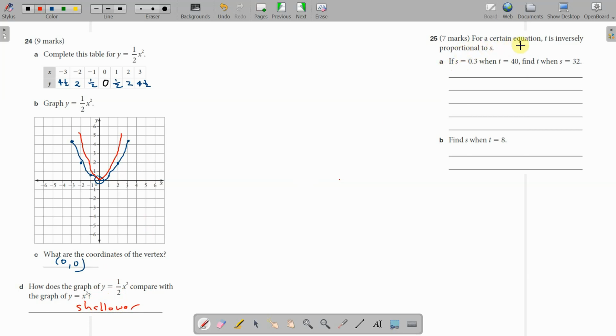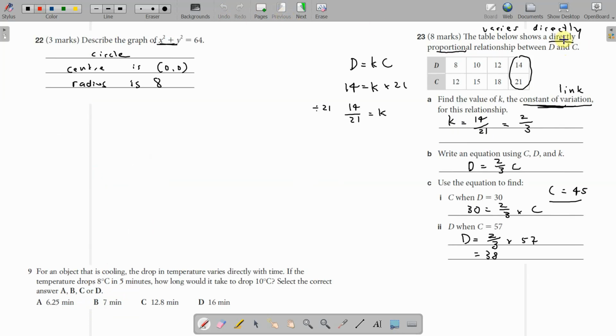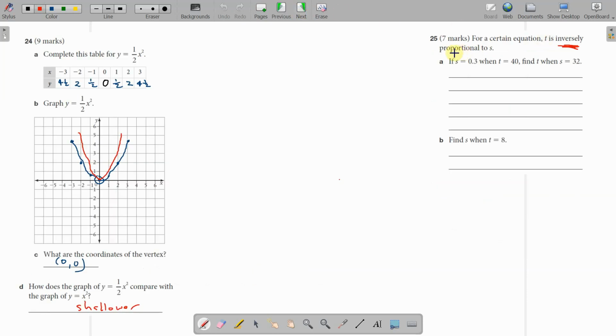25. For a certain equation, t is inversely proportional to s. So we've got the opposite of directly. Inverse is your opposite sort of idea, where one gets bigger, the other one gets smaller. So we start with the inverse idea.